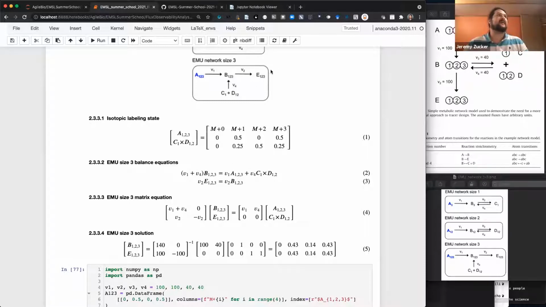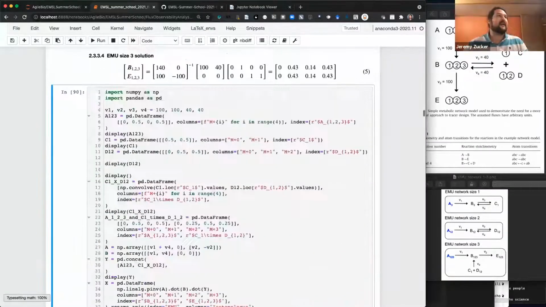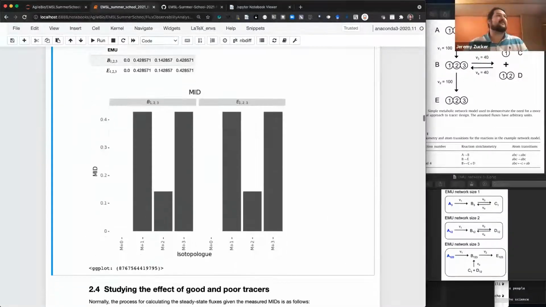And likewise, E123 is pointed to by V2, and B123 points to E123 through V2. So we rearrange terms, we plug in the values for the fluxes, and then we invert that matrix. We multiply things together, and we get a new set of MIDs. And this is what these look like.